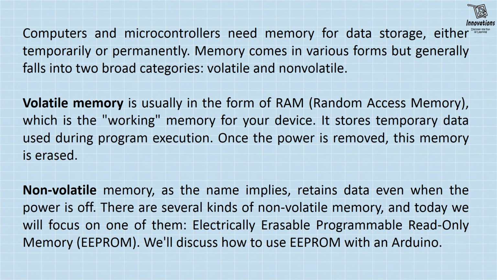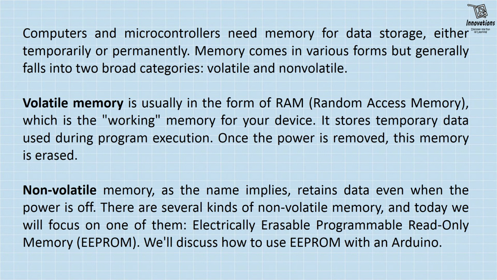Computers and microcontrollers need memory for data storage, either temporarily or permanently. Memory comes in various forms but generally falls into two broad categories, volatile and non-volatile. Volatile memory is usually in the form of RAM, or random access memory, which is the working memory for your device. It stores temporary data used during program execution.